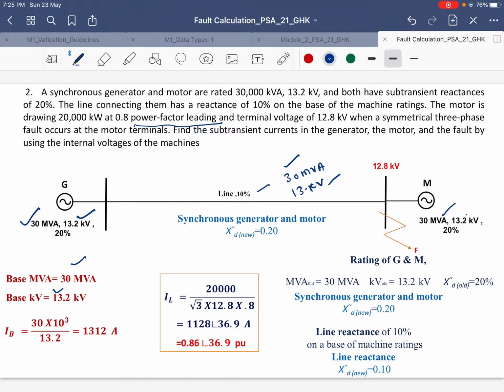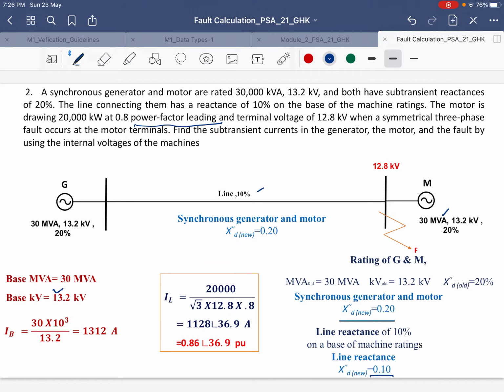Then for the motor also, the old and base quantities are the same. Therefore, the new percentage values of the reactances remain the same, for the synchronous generator and motor.